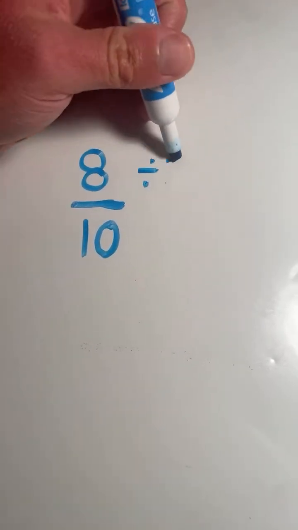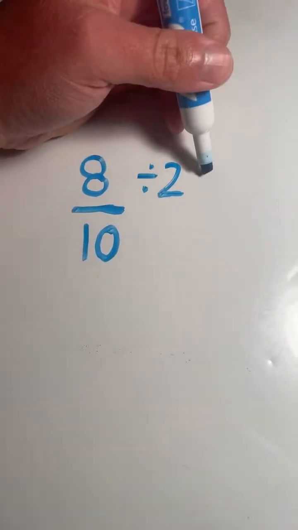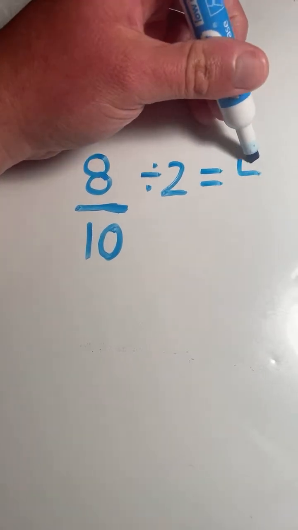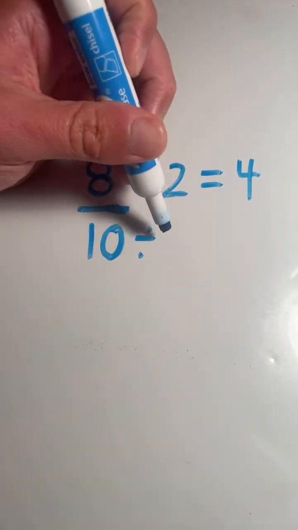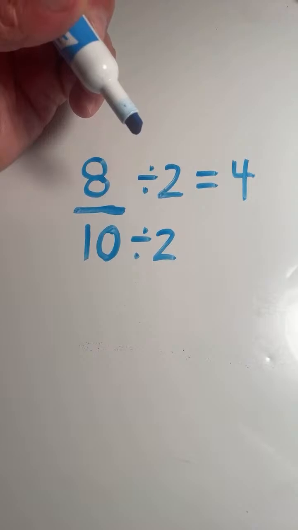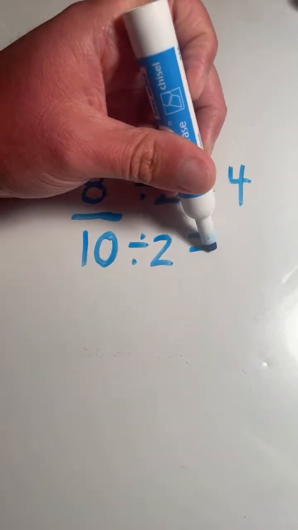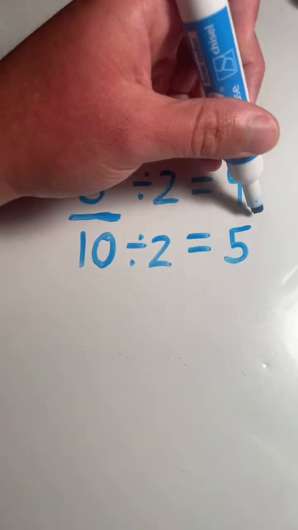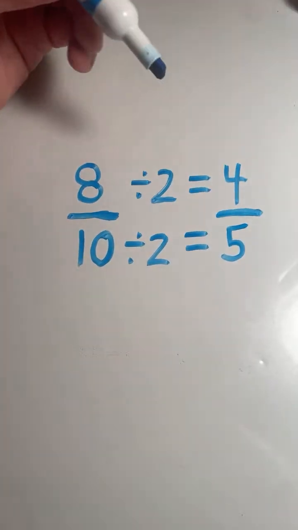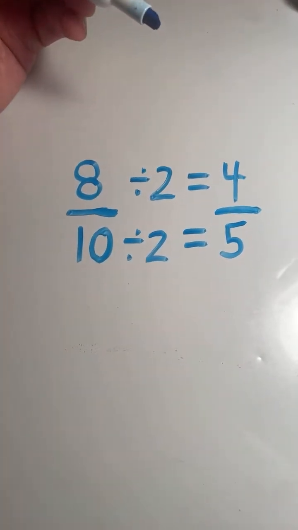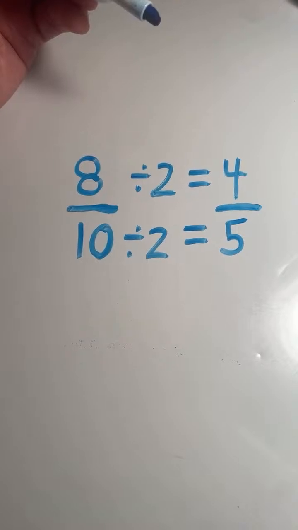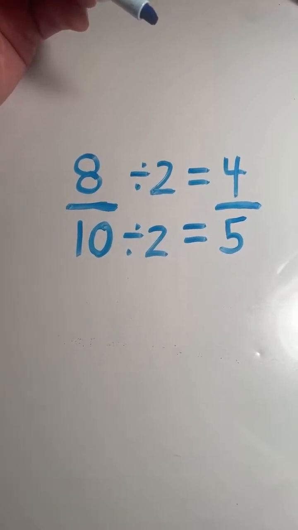So 8 divided by 2 equals 4. 10 divided by 2 equals 5. So 8/10 reduced to lowest terms equals 4/5.